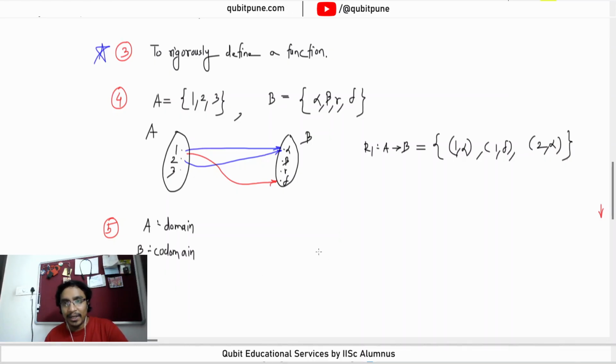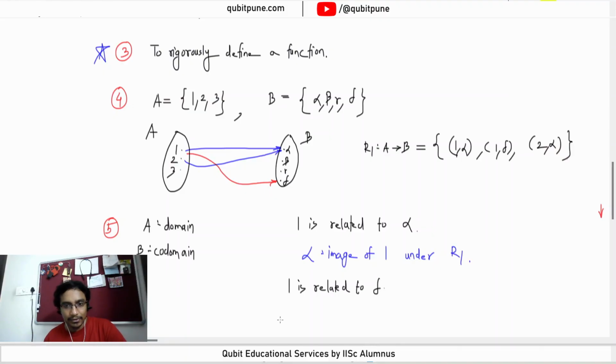Now when I say that 1 is related to alpha, alpha becomes the image of 1 under R1. But delta is also an image, because 1 is related to delta also.